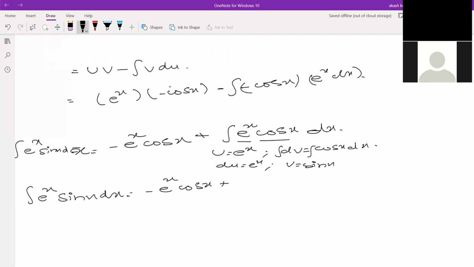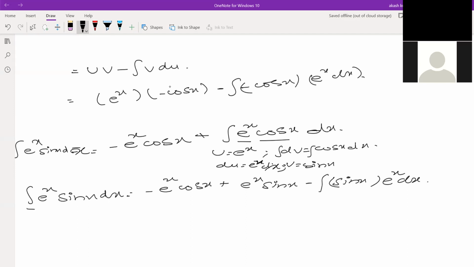Yeah, it's only e^x dx. Yes. Okay. So it is uv, e^x multiplied with sin x, minus integral of v, which is sin x, and du is e^x dx.